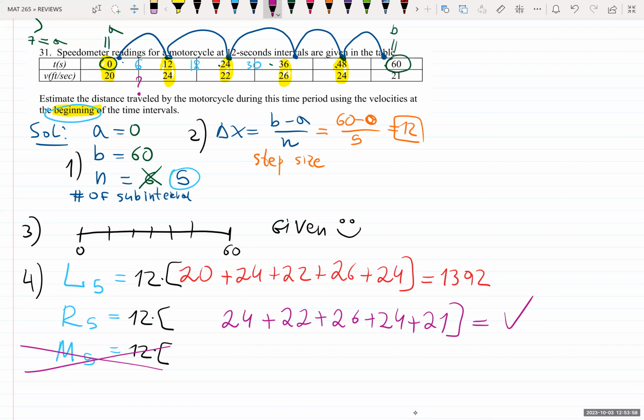Let me find some kind of integral. If they gave you an integral and asked you to approximate it using rectangles, you do it exactly the same way. Let me show you.